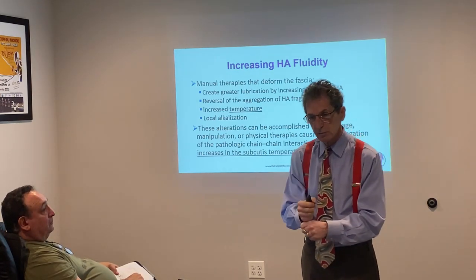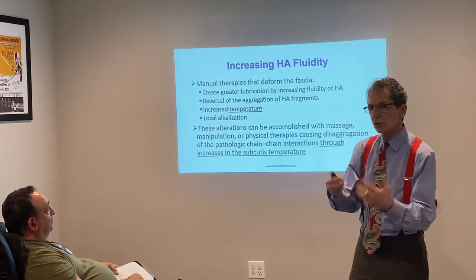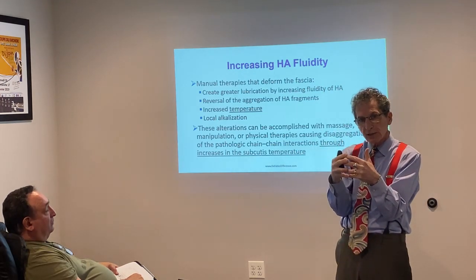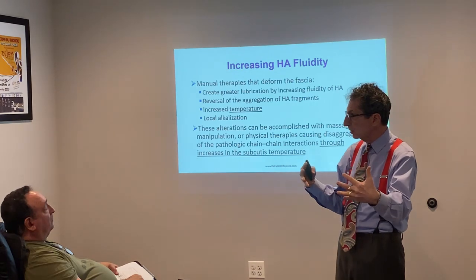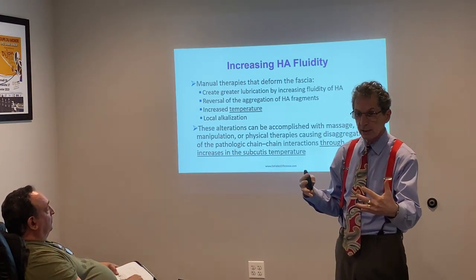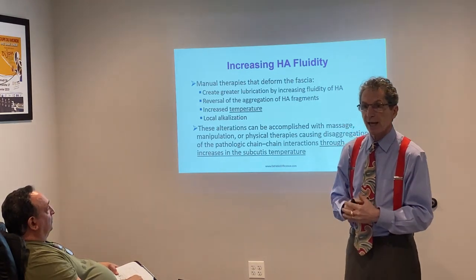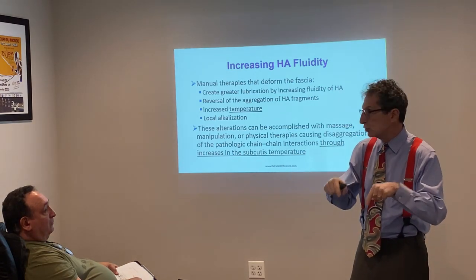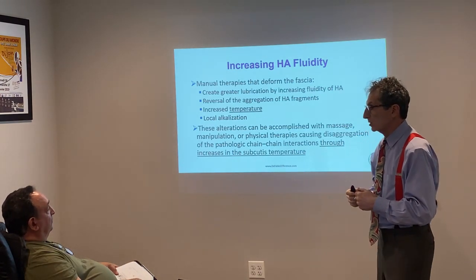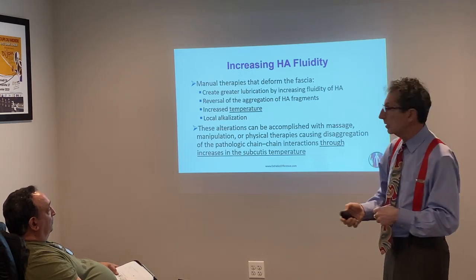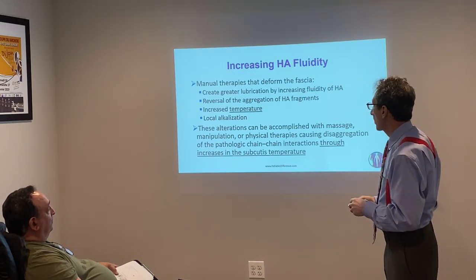Give us better lubrication. They can reverse those small hyaluronic acid fragments and make them long and stringy, which is what we want. All right? Increased temperature does that, but it's got to get down to the fasciocytes. All right? And local alkalization can provide that as well.